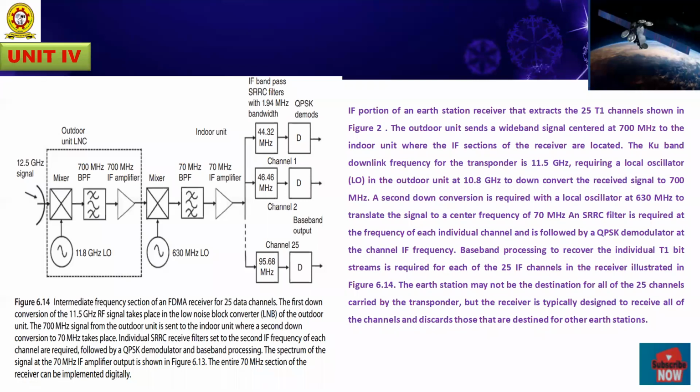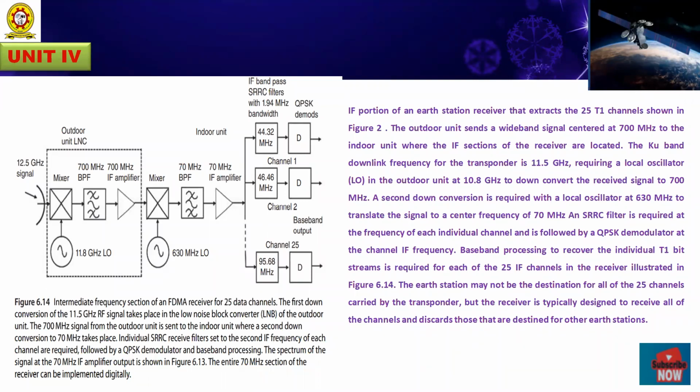Similarly, the signal is amplified by the local IF amplifier. The tuning range for this IF amplifier is suited to 700 megahertz. So that is the outdoor unit LNC kit.